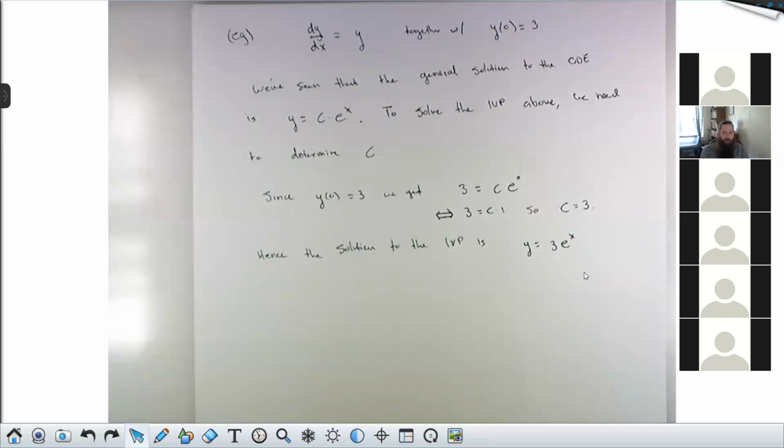And if you find a solution, how do you know it's the only solution? How do you know there aren't a lot of other ones? That's a question we're going to bump up against again and again through this semester. In the case of first order IVPs, we're lucky, in the sense that there's a theorem that guarantees the existence and uniqueness of a solution. So that's what I'm going to show you now.